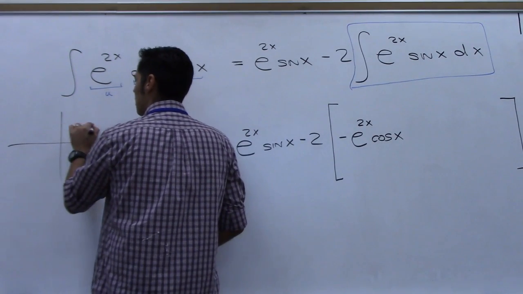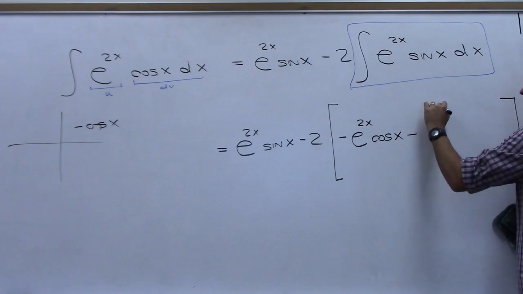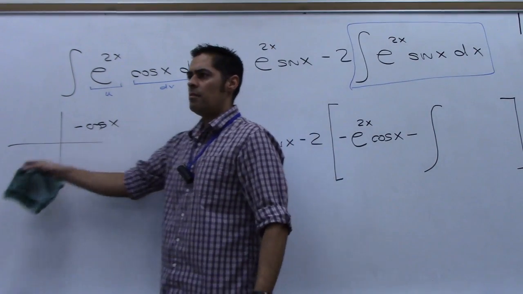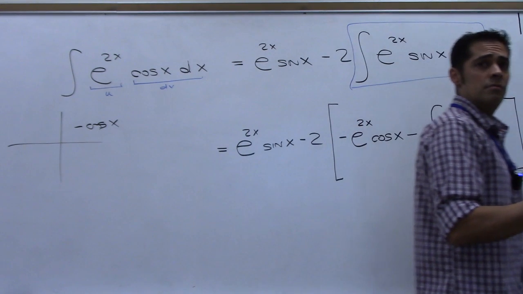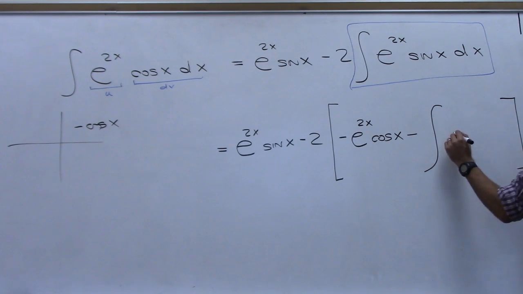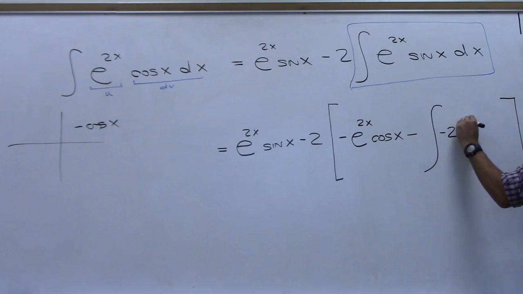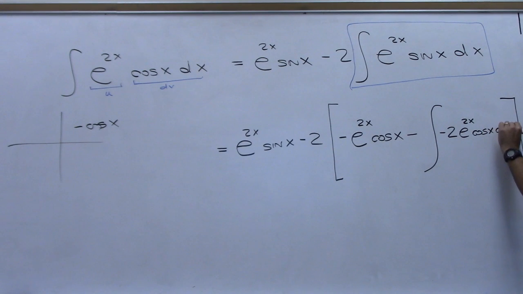Right, it was negative cosine here. All right, so minus integral, and then this times the one down here. So there's a negative and a 2. I'm going to take that negative 2 out. Maybe I should go a little slower. I'm going to put it in here: negative 2 e to the 2x, and then what's here? Cosine x dx.